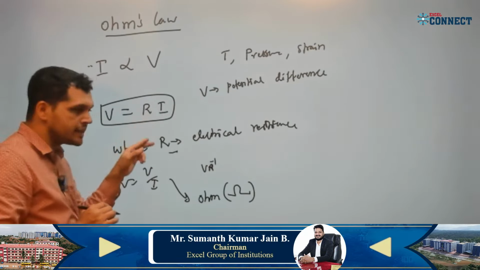So we can define electrical resistance, R is the symbol, as the opposition offered by the material or by the conductor to the flow of charges.